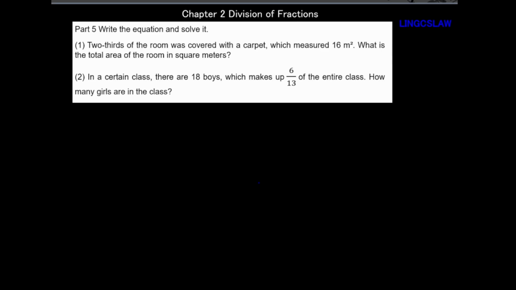Now let's go on to part 5. Write the equation and solve it. Number 1. 2/3 of the room was covered with a carpet which measured 16 square meters. What is the total area of the room in square meters?